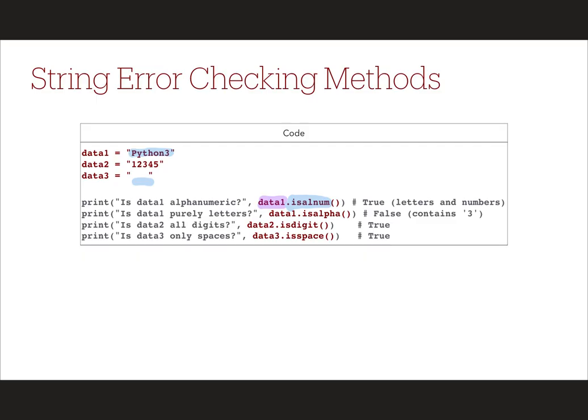For data1, if I call isalnum, that will print true because it consists of alphabets and the numeric digit 3. If I call just isalpha, it will return false because the number 3 is included in data1. In case of data2, that consists of 5 digits, so when I call the isdigit function, it will return true. In case of data3, if I call the isspace function, it will return true again because it consists of only spaces.